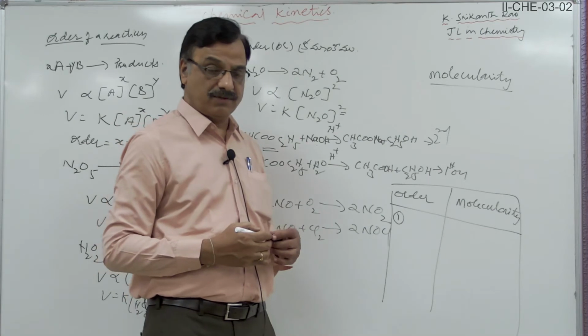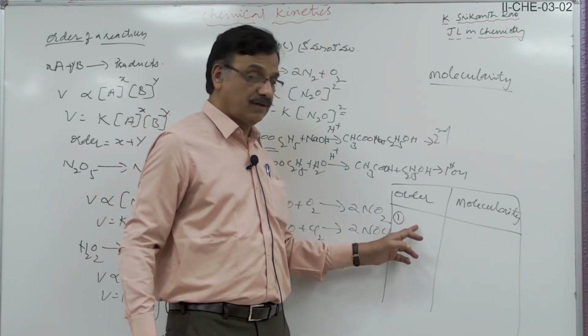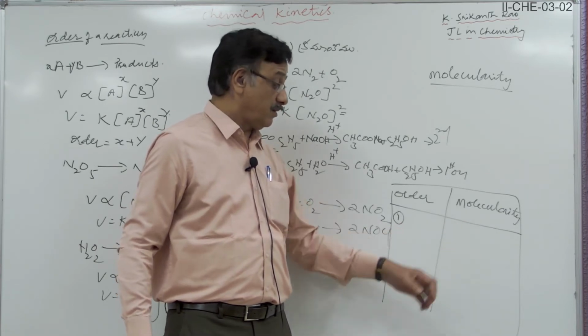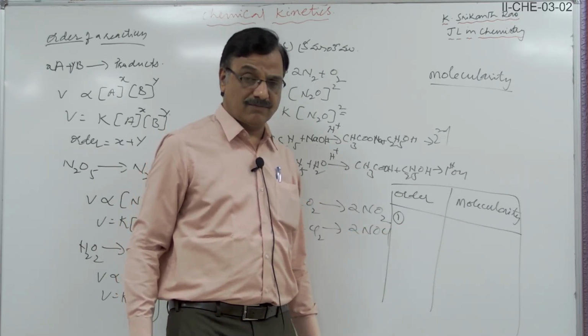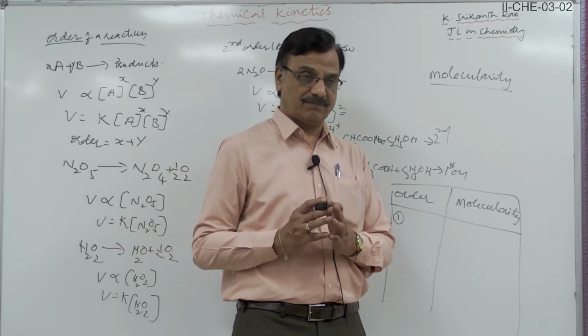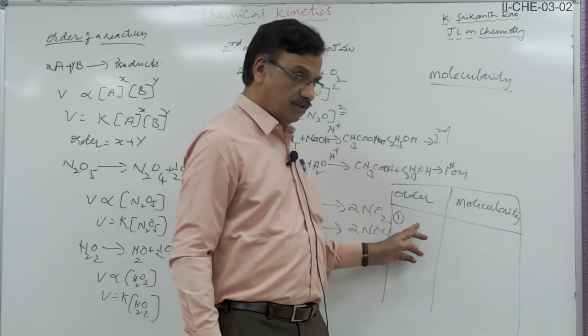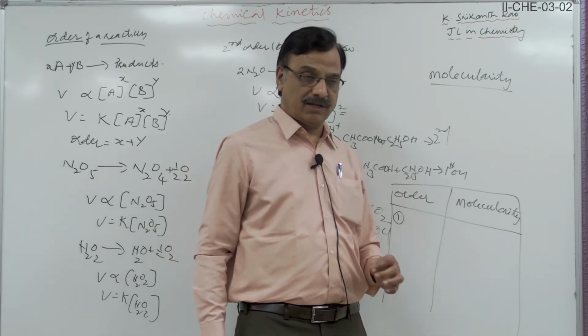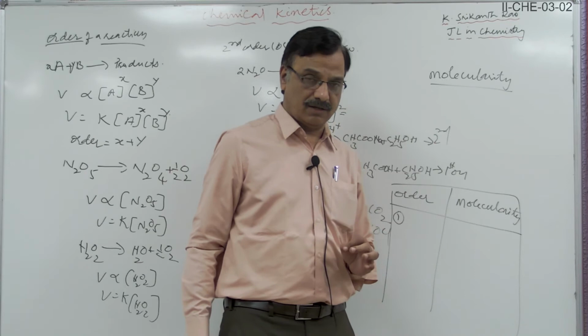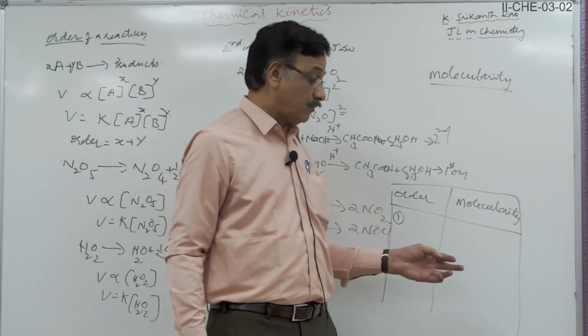The sum of the powers of the concentration terms in the rate equation is called the order of the reaction. The other way, the number of atoms, ions or molecules participating in the rate determining step, we call molecularity. The exponents of the terms expressing the concentrations of reactants in a chemical reaction are called the order of the reaction.